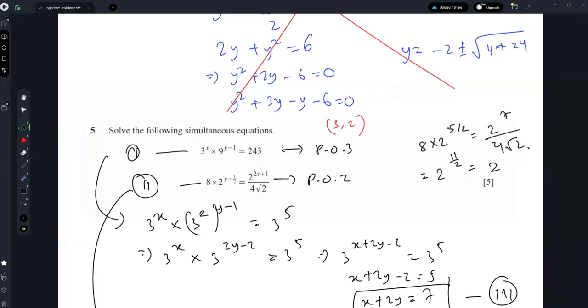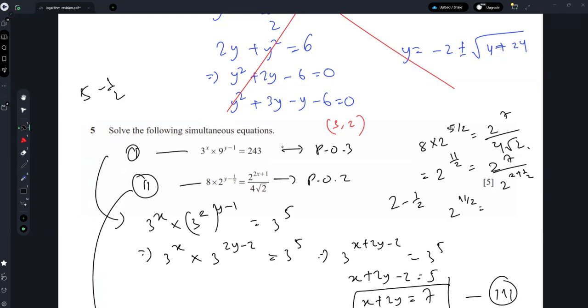And here we get 2 to the power 7 divided by 2 squared times, no, 2 squared plus half. So 2 to the power 11 by 2 equals 2 to the power 7 minus 2, it is 5. 5 minus half. Okay, that's not going to be good. 2 minus half.